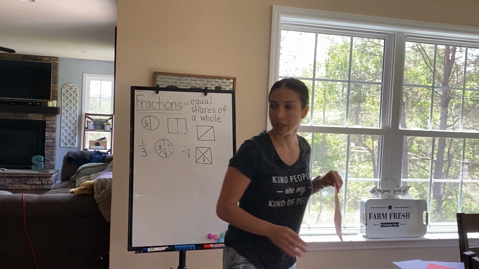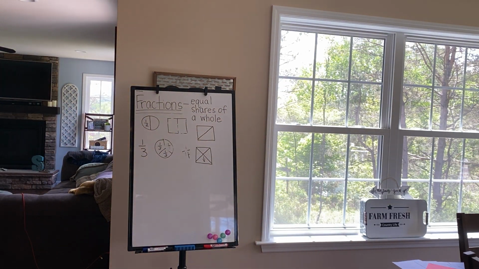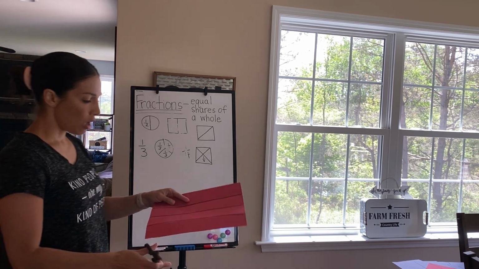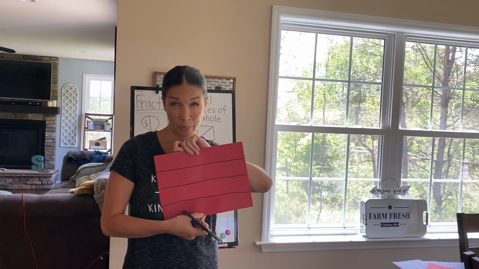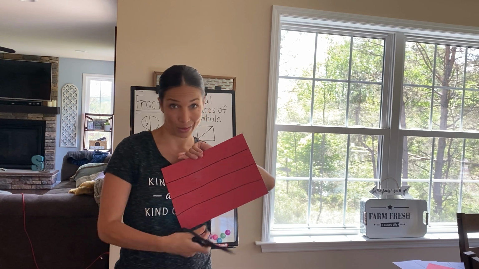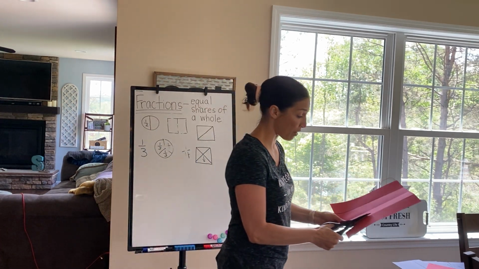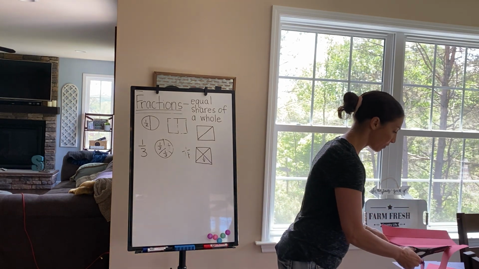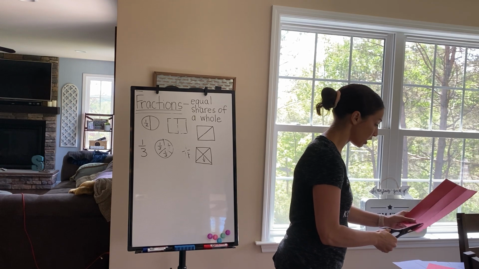Now I want to show you something really quick, and I have to come off camera just so I can grab my scissors. But I wanted to make sure I showed you how to prove that this shape is broken up into fourths. I'm actually gonna cut those lines, okay? So when I do that, and now my lines are definitely not perfect, but I promise you these are gonna look really similar.